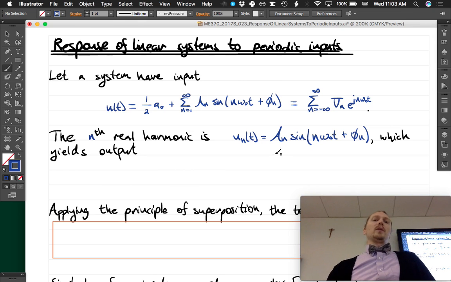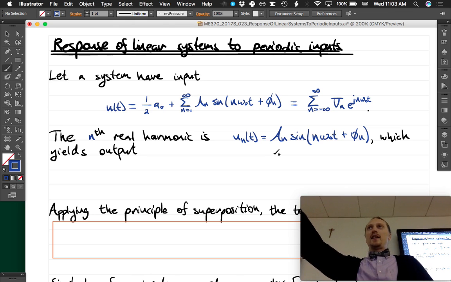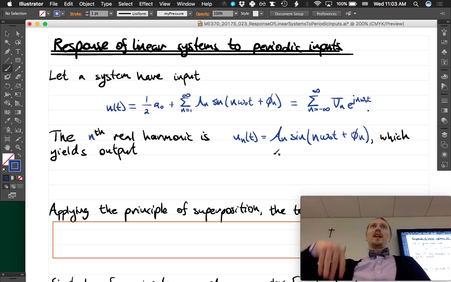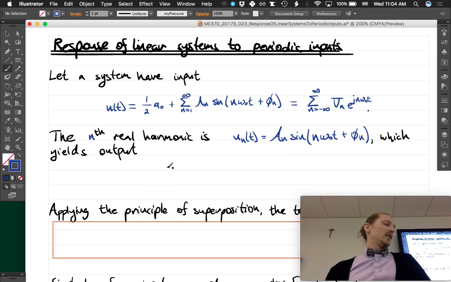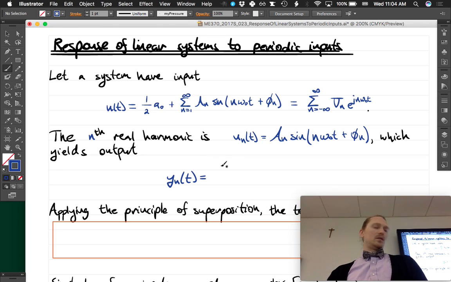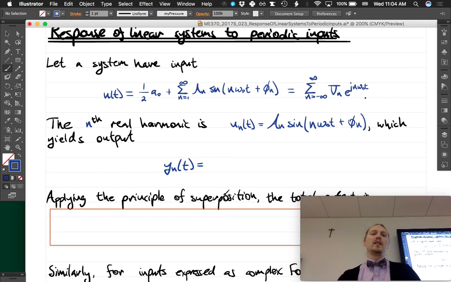This is a sinusoid, right? And so we know the steady state response for a sinusoidal input is, so I'm going to write y_n of t. The n means it's corresponding to this u_n input. It is equal to, do you guys remember what this would be?